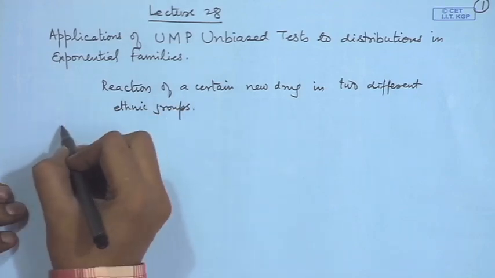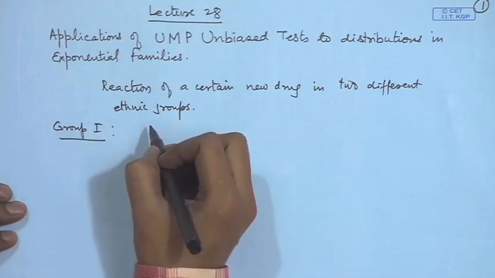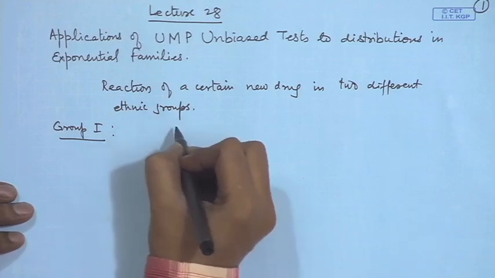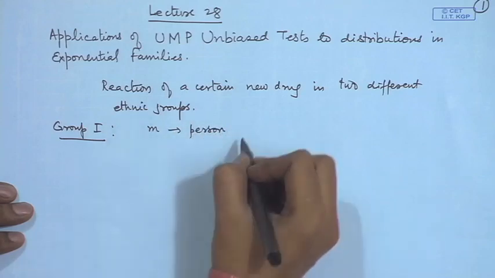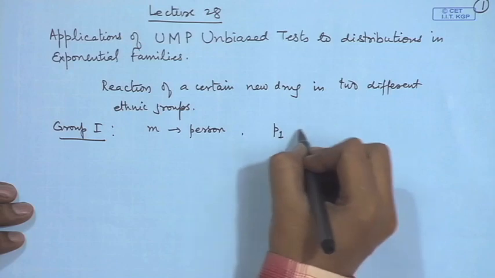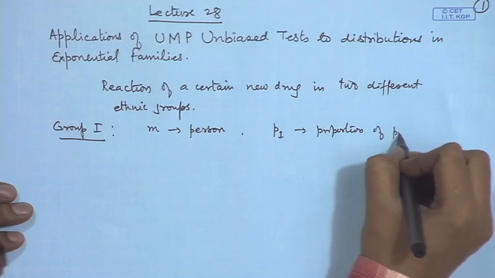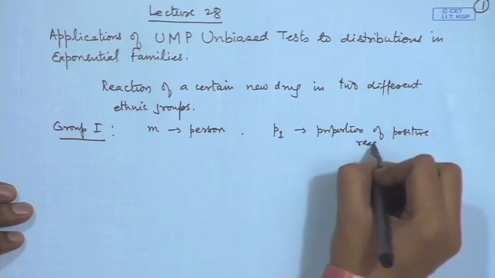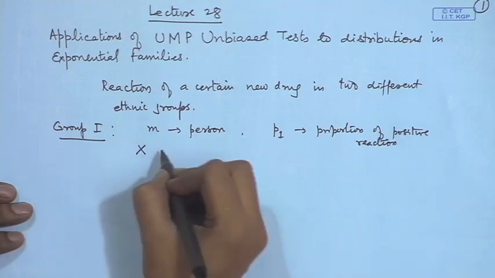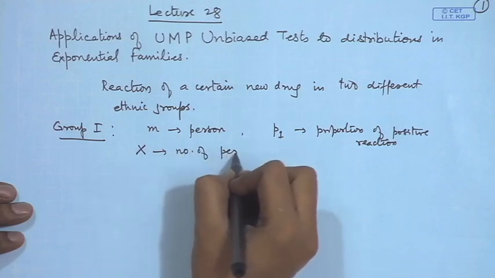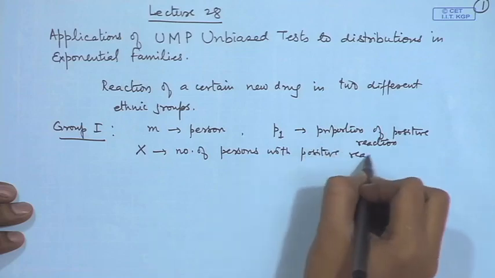So, suppose for the first group, group 1, we considered that m persons were tested and P 1 is say the proportion of positive reaction. So, we took the observation and x is the observation, number of persons with positive reaction in the sample.